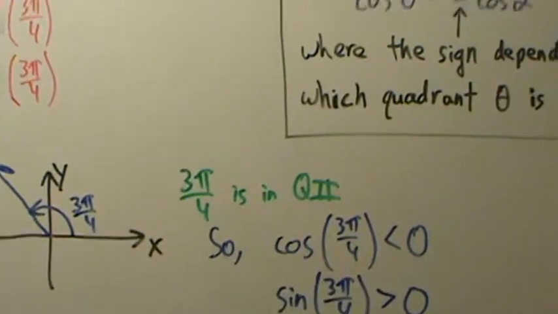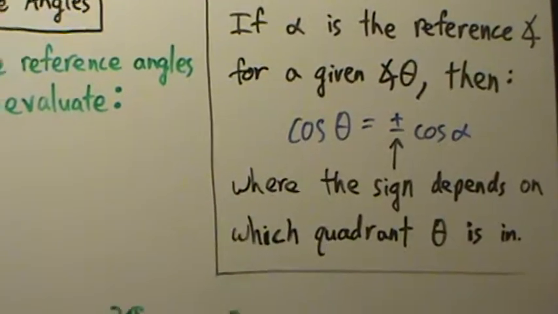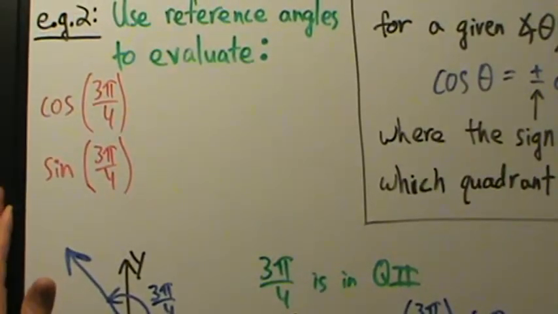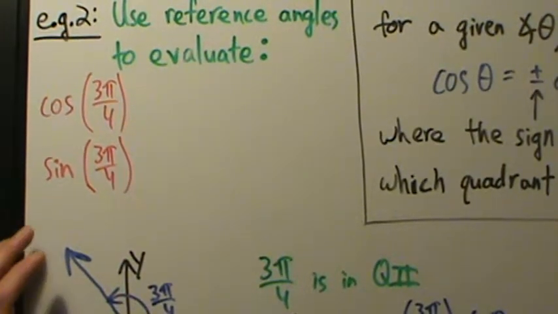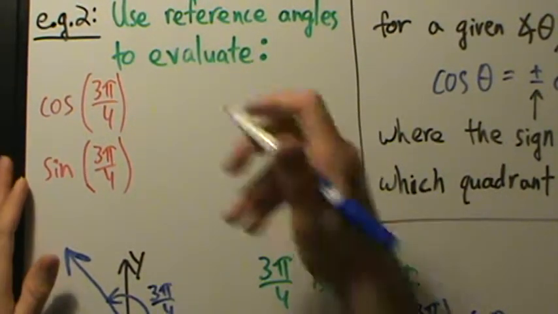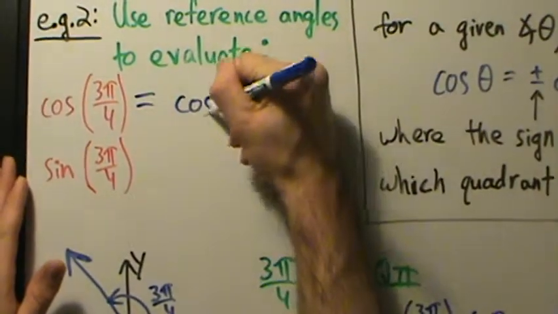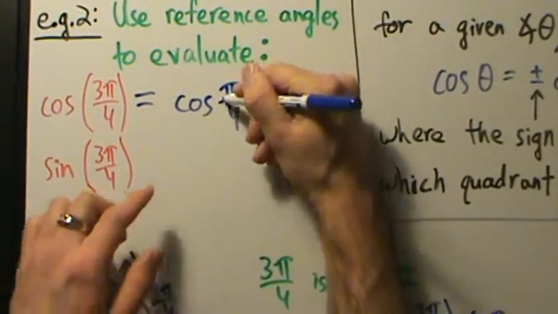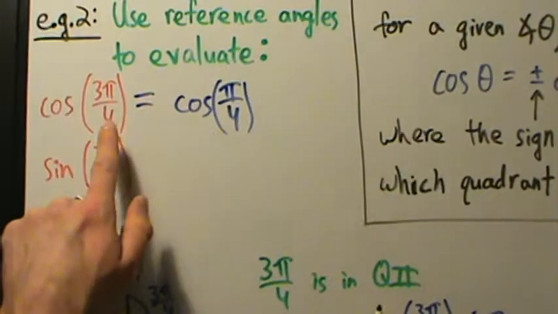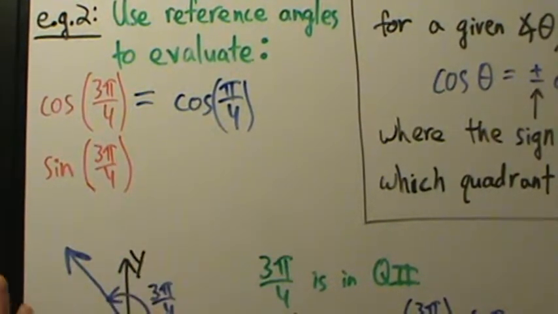Now that we've established that, we know how to apply this. Cosine of 3 pi over 4 equals cosine of pi over 4, because pi over 4 is the reference angle for 3 pi over 4, which we established in an earlier video.